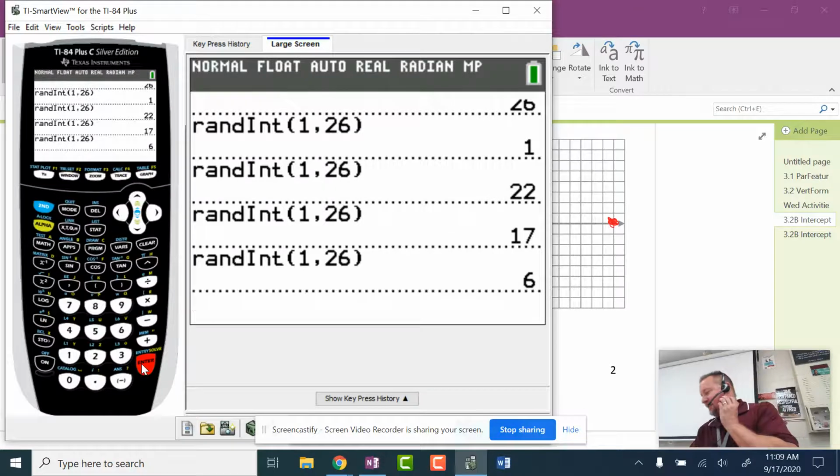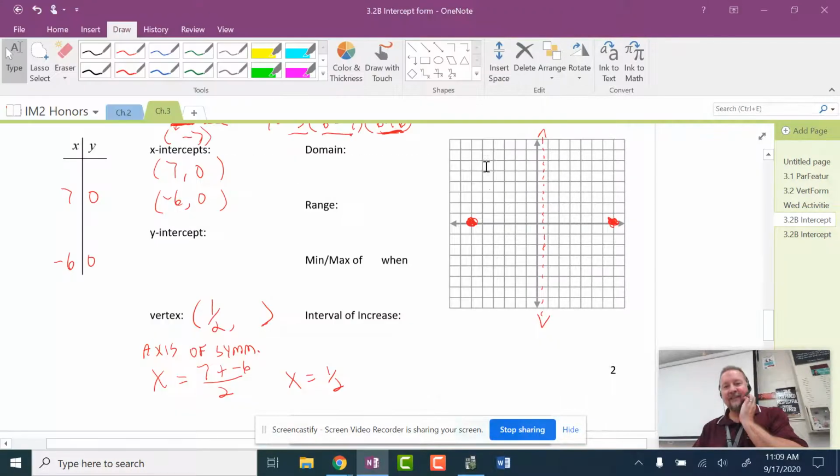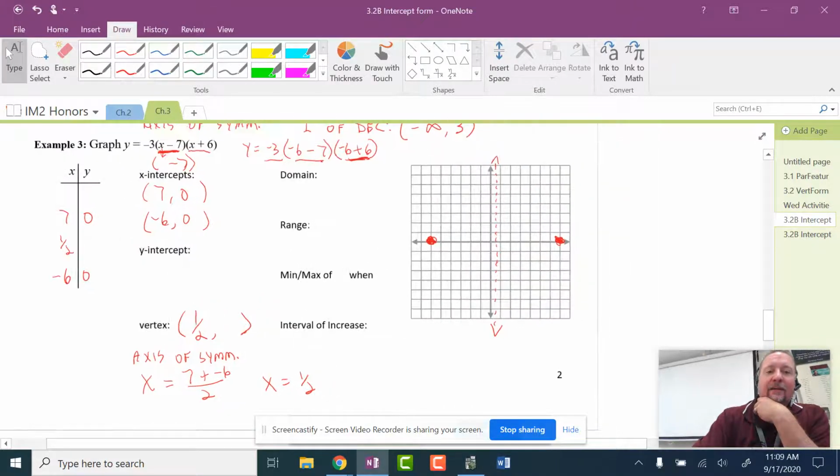Student number 6. David, you ready? Input. Say it. So when I input a half, I should have given myself room for the vertex.